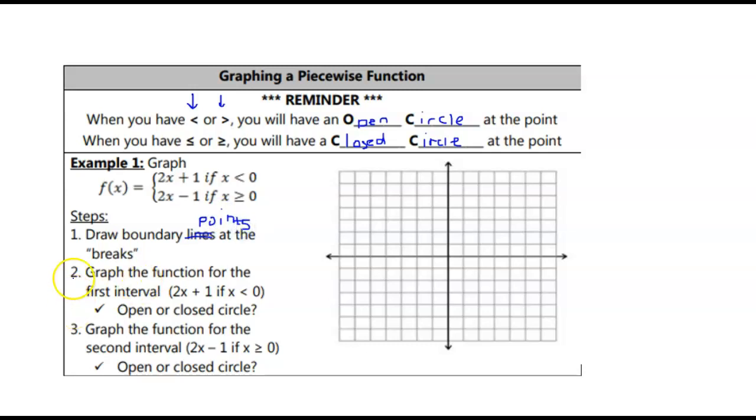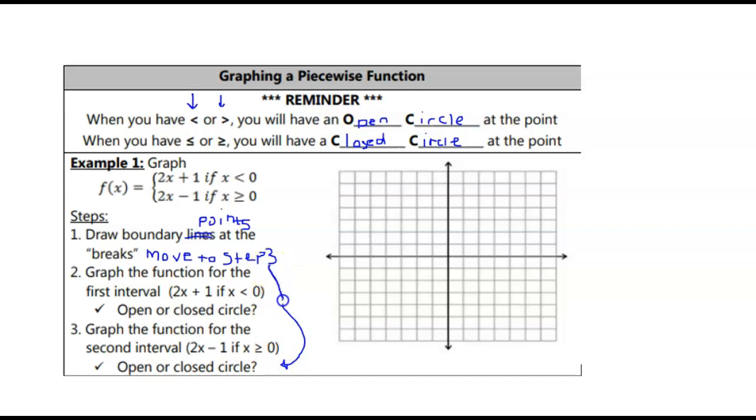And then we're going to move to step 3, and you'll see what I mean in a second. We're going to skip to step 3, where we decide if our boundary points are going to be an open circle or a closed circle based on the interval that they give us in the piecewise function.